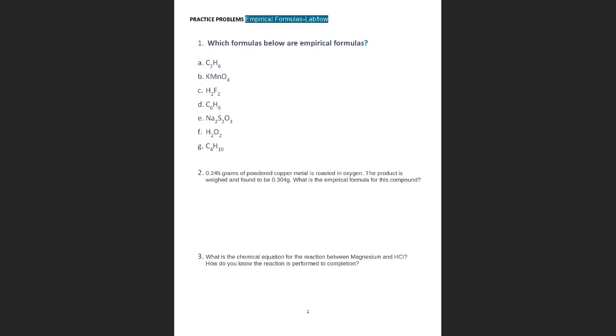I need your help to solve these practice problems. Let's look at the first one. Which formulas below are empirical formulas?